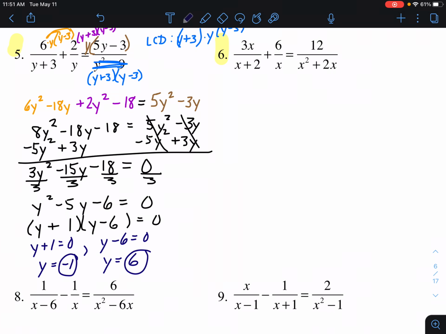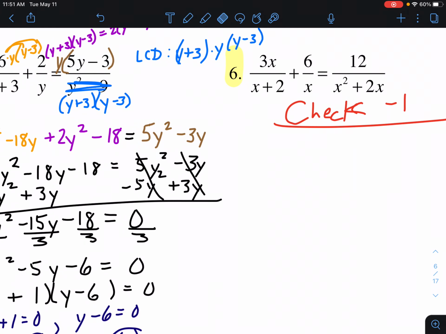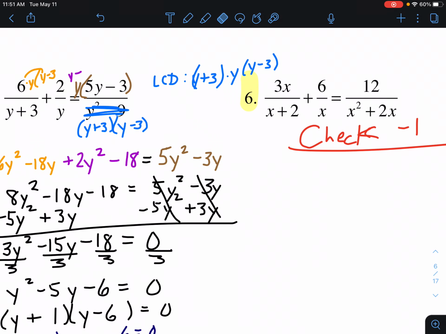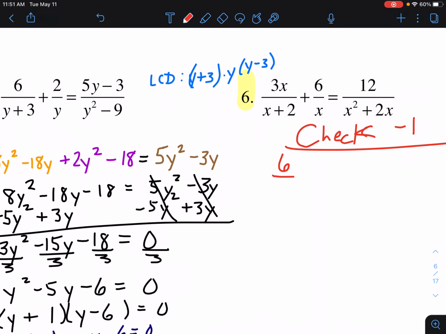Unfortunately, I'm going to have to invade the space of number 6 to do my checks. I'm going to first check -1 in the original problem. Remember, this is called checking for extraneous solutions.